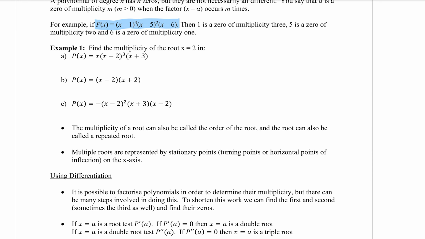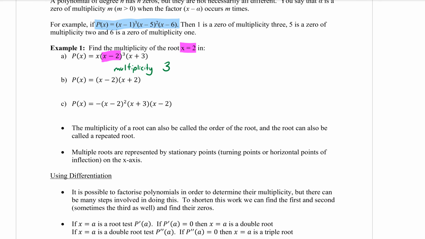So quickly we want to practice that in example number 1 here. Find the multiplicity of the x equals 2 in each one of these. So the x equals 2 is this bracket here. For the first one, it's going to have a multiplicity of 3, which is what we used to call a triple root.